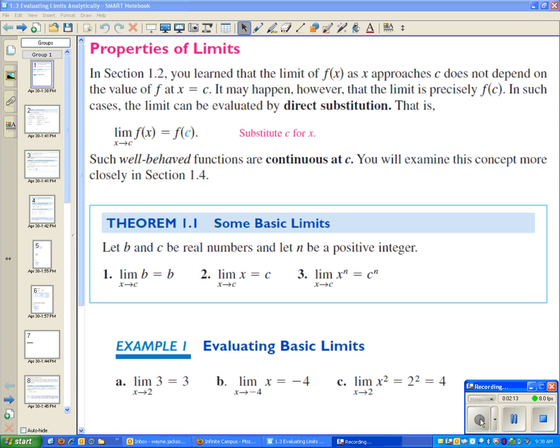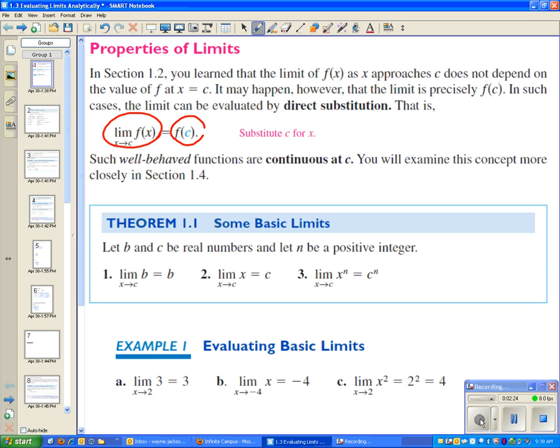That is, in many cases, the limit of f of x as x approaches c equals the value of the function when x equals c. Such well-behaved functions are continuous at c.